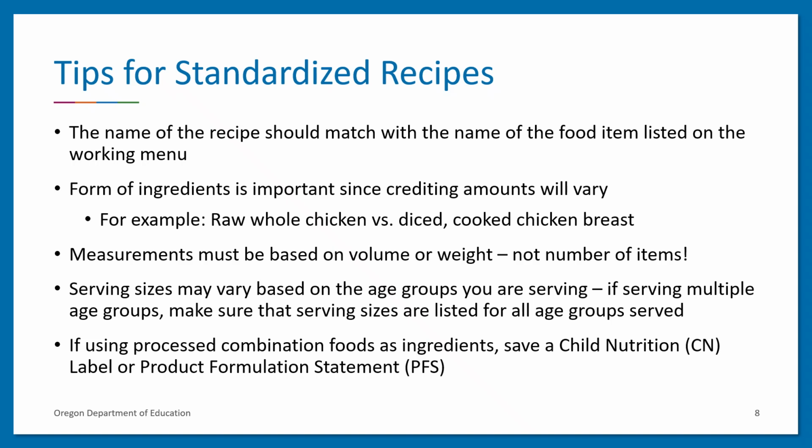This helps reviewers make sure you are serving the right items and helps your cooks pick out the right recipe to make that day. The form of ingredients is very important since crediting amounts will vary depending on the specific product you are using. For example, a raw whole chicken will have much less lean meat per pound compared to a diced cooked chicken breast.